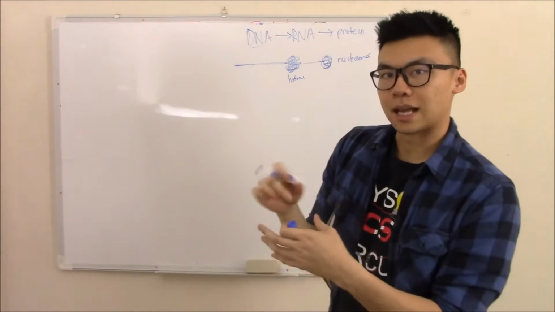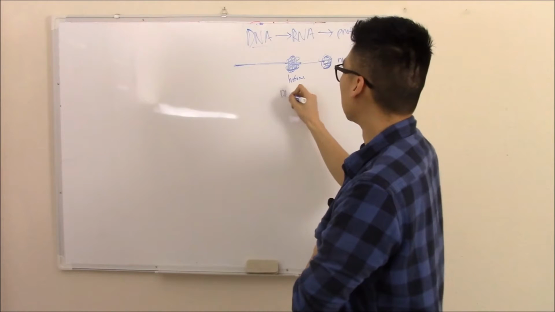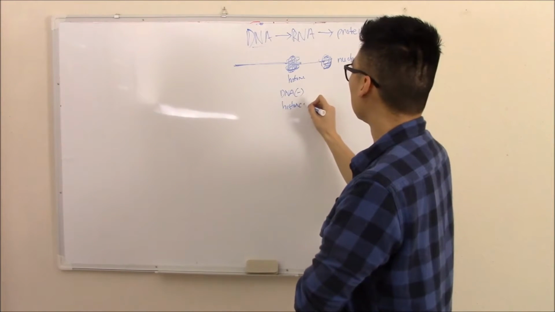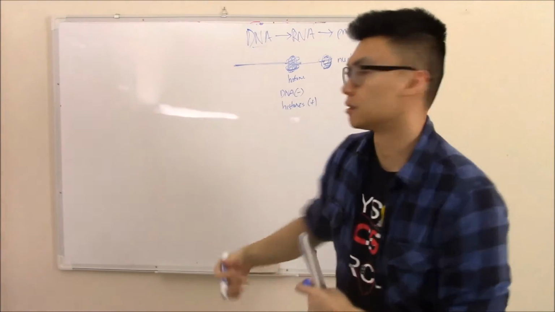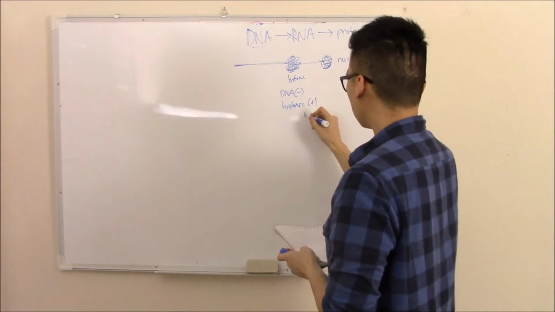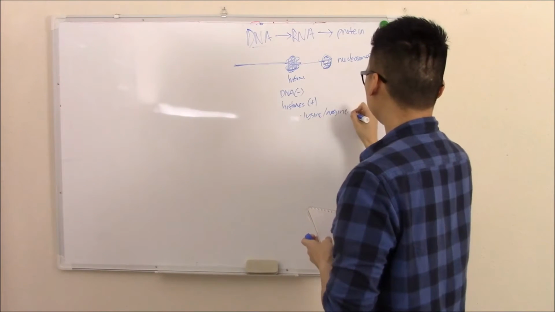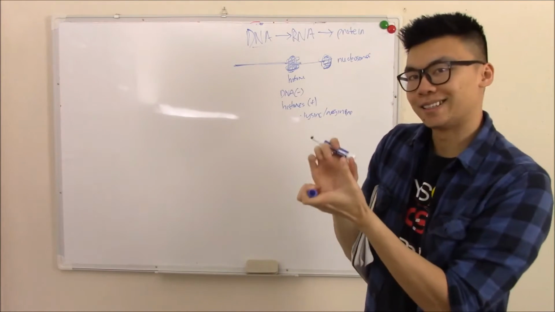How does that chromatin stay stuck on the histone? Well, DNA is negatively charged, and histones, these proteins, are made up of positively charged amino acids. These amino acids include lysine, arginine, and because of that, they can stick together.